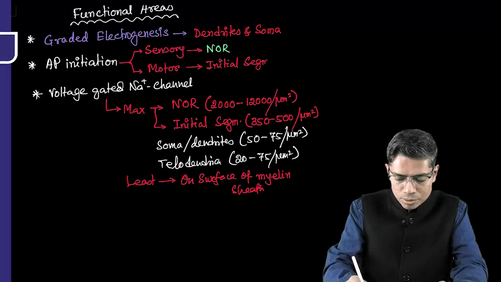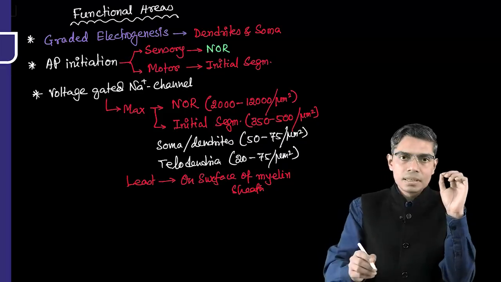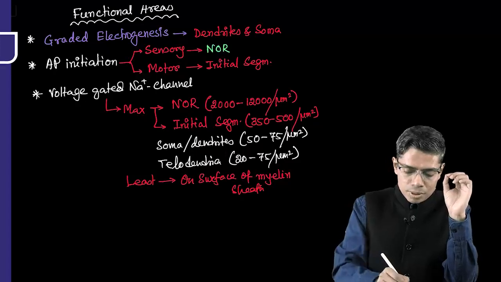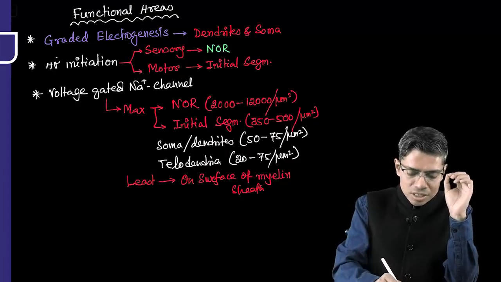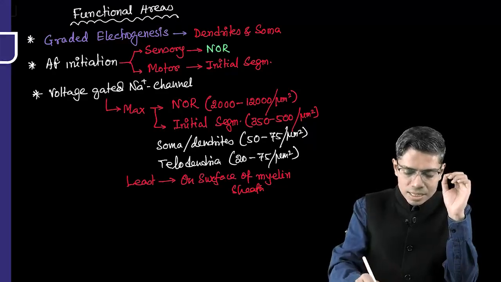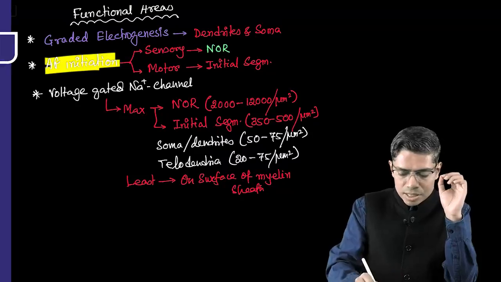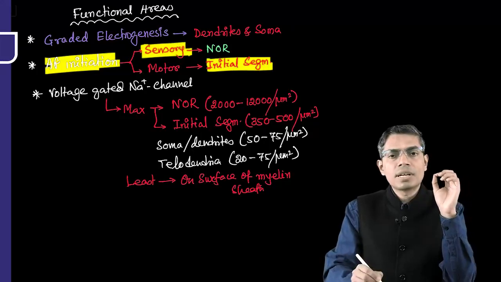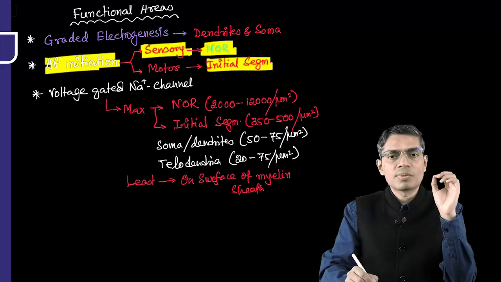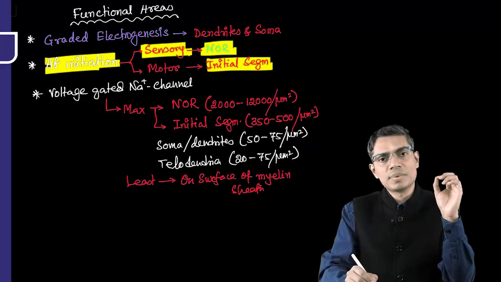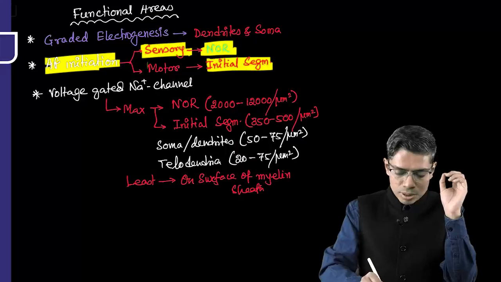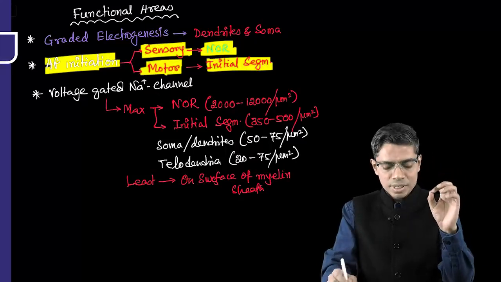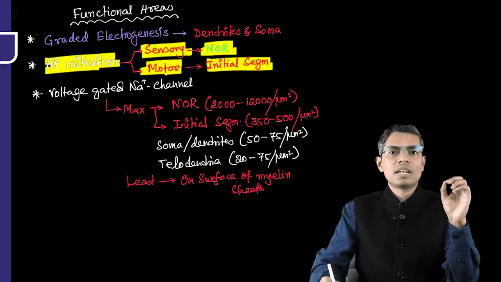So please note down that if the question is where the action potential is initiated in a motor neuron, your answer is initial segment. But if the question is where the action potential is initiated or started for the first time in a sensory neuron, your answer is node of Ranvier, right? For motor neuron or interneuron, it is the initial segment. For sensory neuron, it is the node of Ranvier.